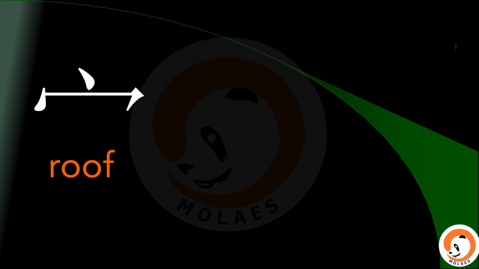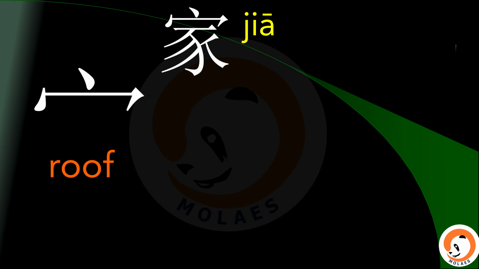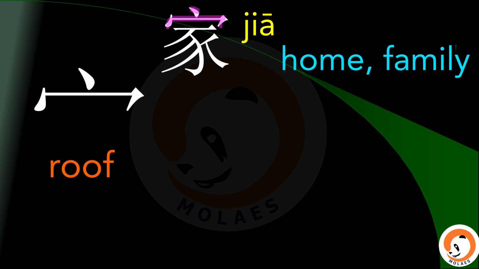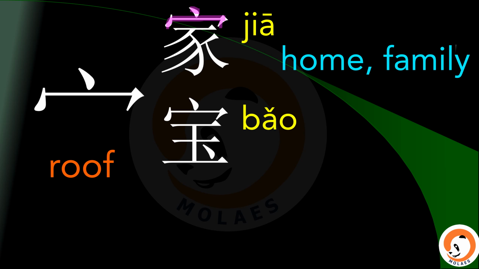Roof radical. 家, roof on the top and a pig underneath. It means home or family. 宝, roof on the top and jade on the bottom. It means treasure or baby.